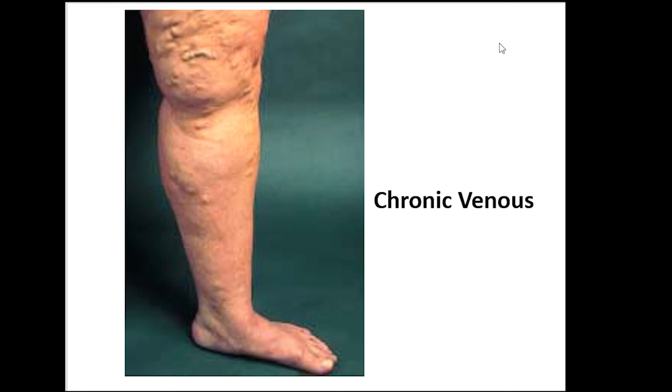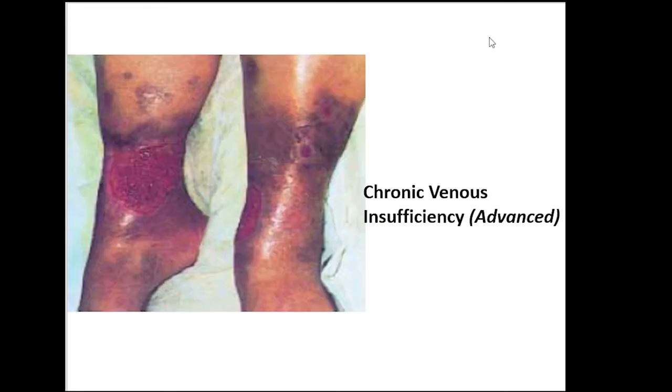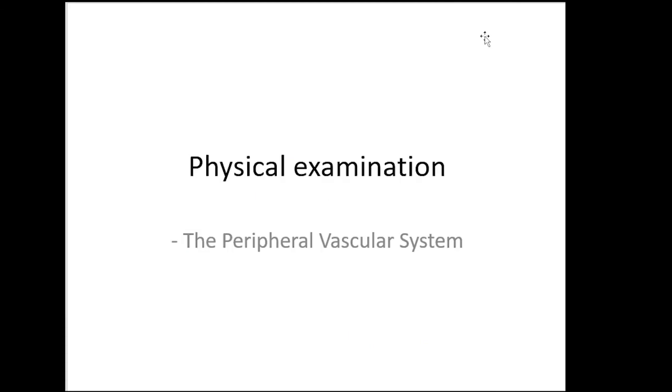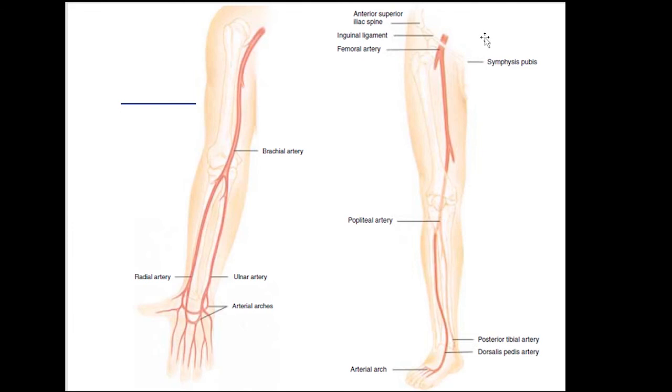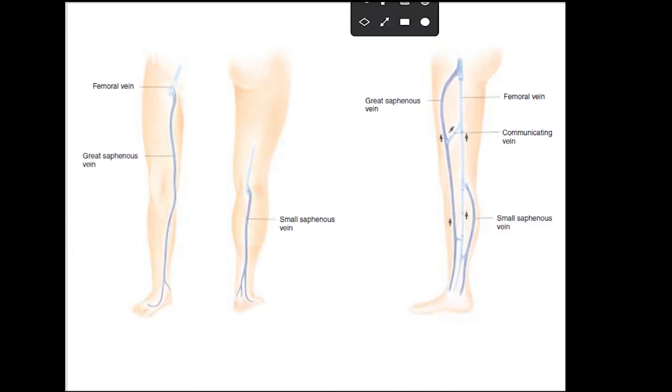Just like the picture here, normally these deeper veins bring the blood back, and these superficial veins still bring the blood back, and they communicate with each other, usually from the superficial vein to the deeper vein, and then back.